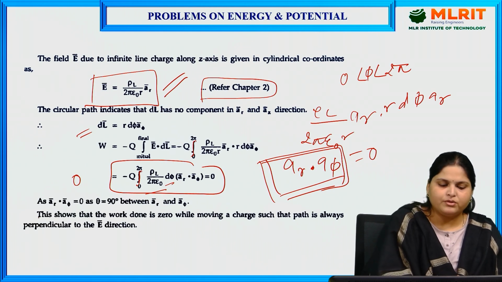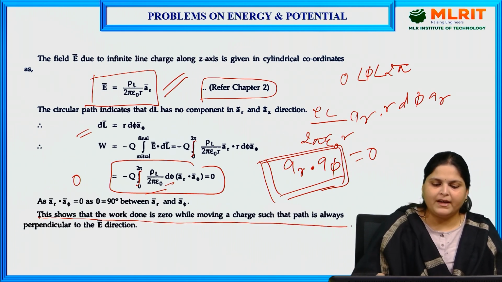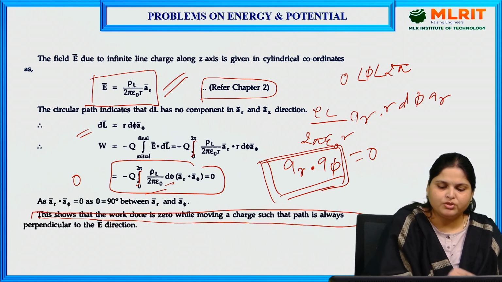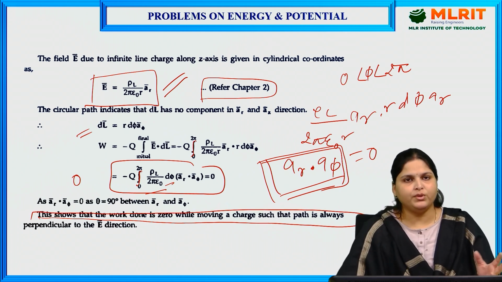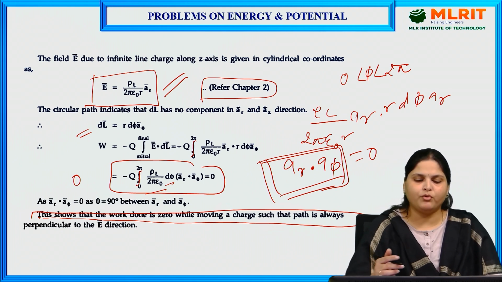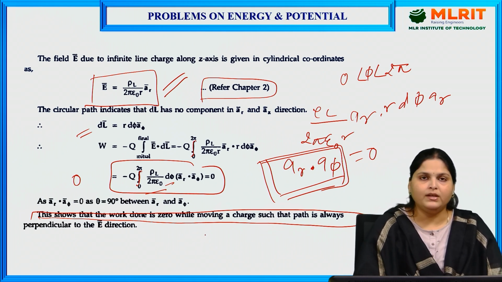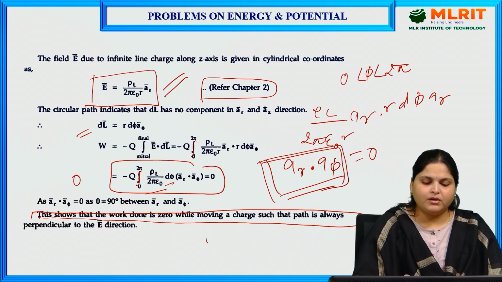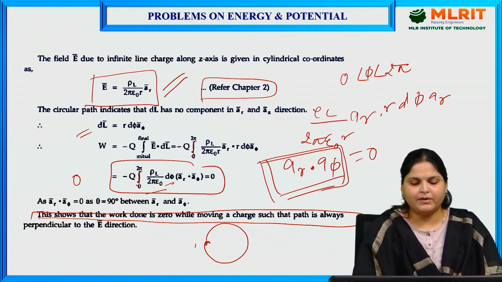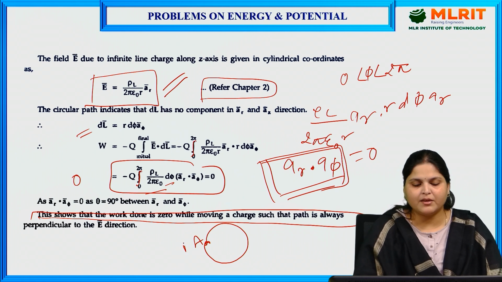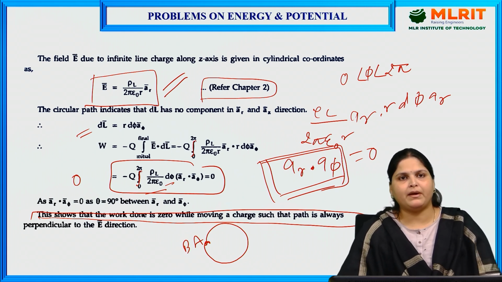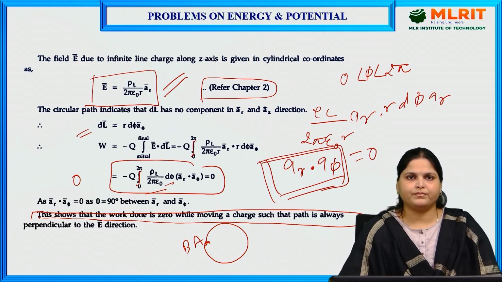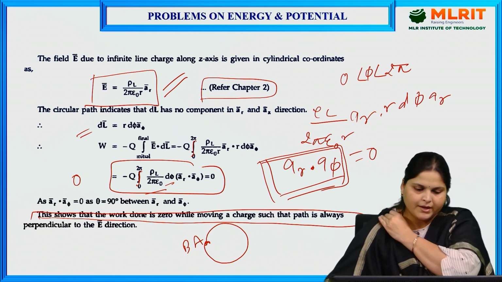This shows that work done is 0 while the charge is moving in such a path, which is always perpendicular to the E direction. We can understand it by one more rule: the work done in a closed path, that means if we start at one point and end at the same point, is 0. That is what we can understand by this particular problem. I hope that's clear.